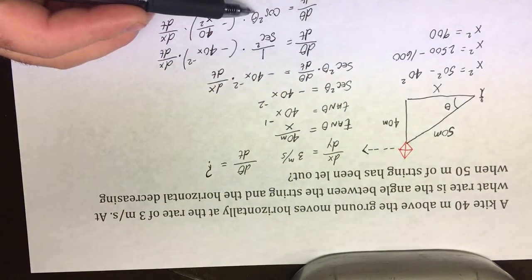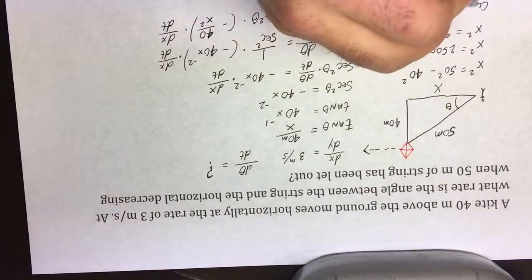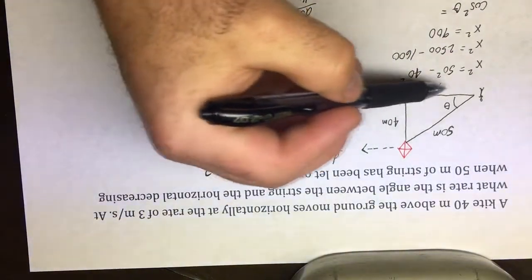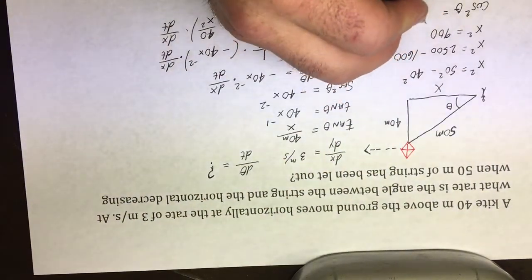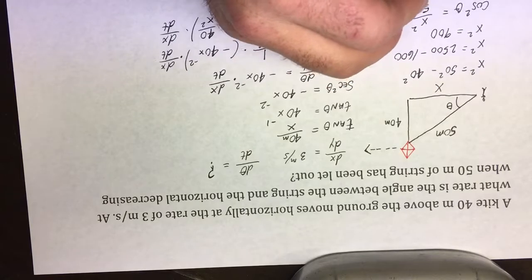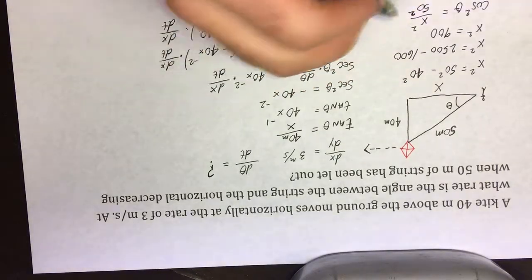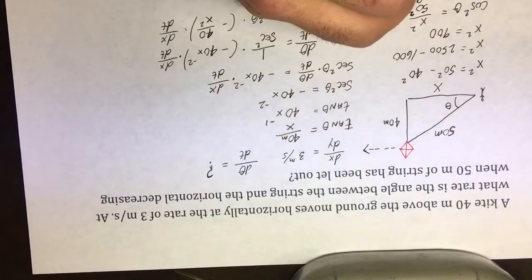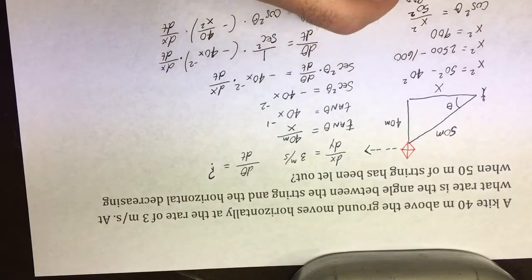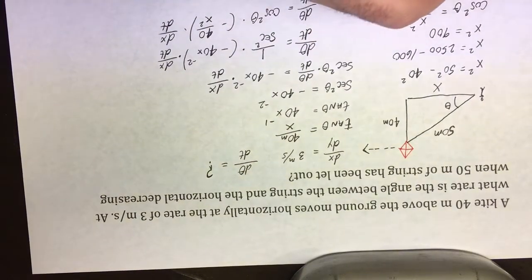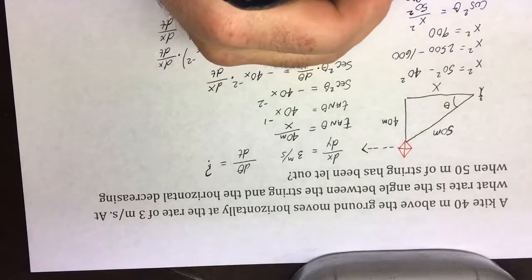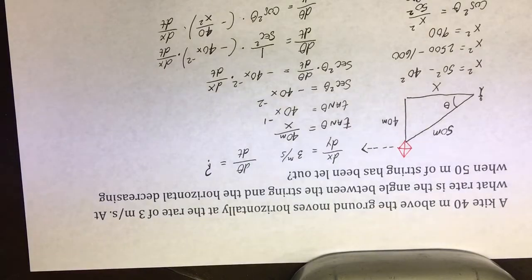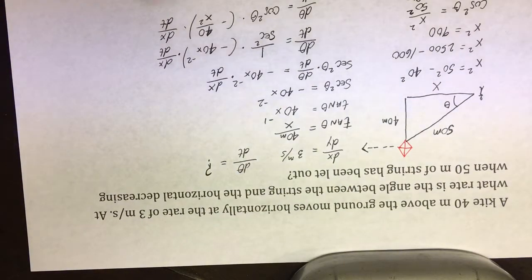Now let's solve for cosine squared. Cosine squared theta equals adjacent over hypotenuse, so we have x squared over 50 squared, which equals 900 over 2500. As we simplify that, we get 9 over 25. So now we have cosine squared theta, and we also have our x squared. Now let's plug them in.